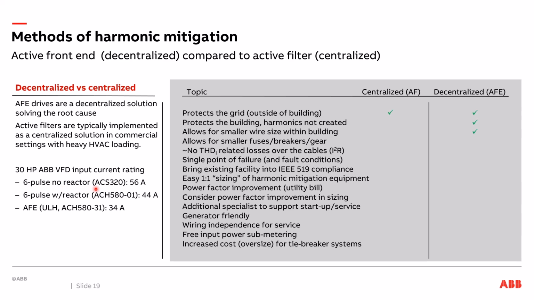And then say this drive here has significantly more harmonic content. In that case, your decentralized solution is the way to go because it's preventing the harmonics from occurring in the first place, and it allows the drive to have a nice low input current rating. That also ties into not just the wire sizes, but fuses, breakers, gear, all things that can be upstream.